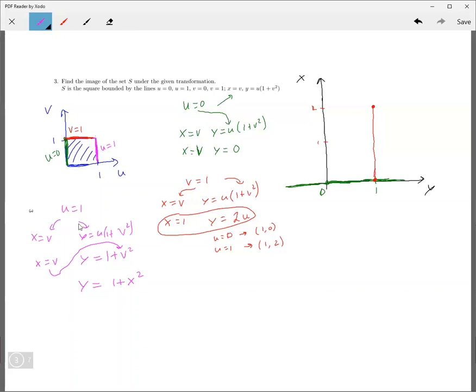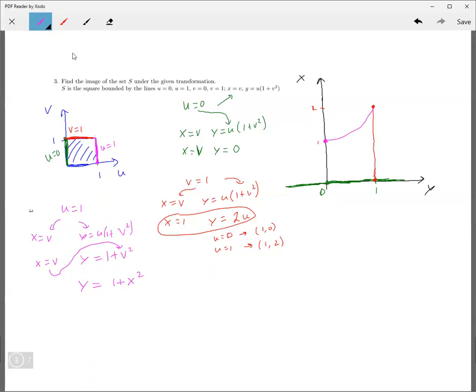And then here we have v is 0, right? v equals 0 is going to give you (0, 1). It's going to give you this point here. And then over here, of course, you're going to get this point. And so this is a parabola. This is the part of the parabola that goes up like that. So this image is that piece.